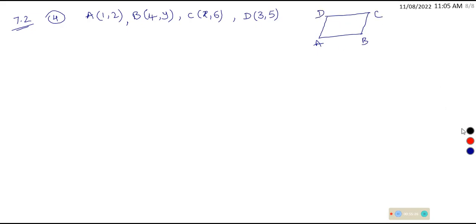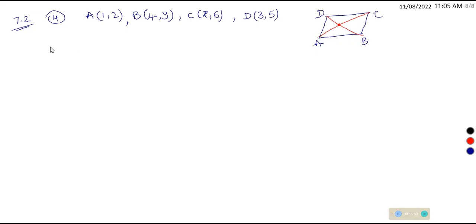Now if we join A and C, you will get a diagonal. If you join B and D, here also you will get a diagonal. So if you join these two diagonals, here you will get a point. One diagonal divides the other diagonal into two equal parts. Then this point will be the midpoint of AC and the midpoint of BD also.